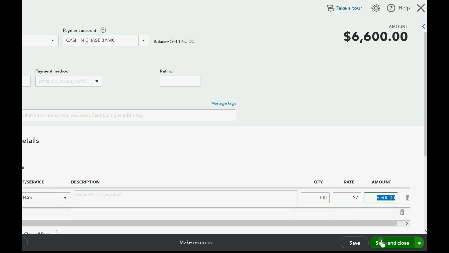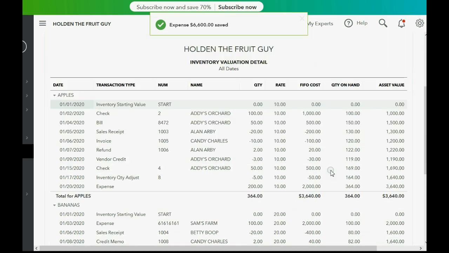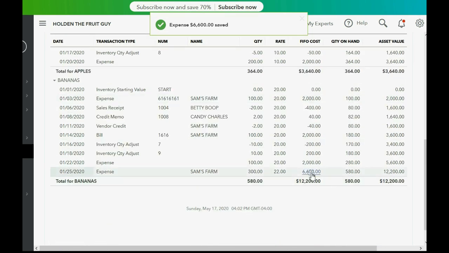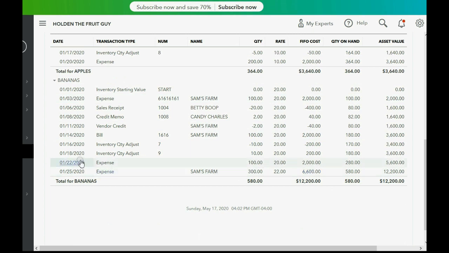Now look what happens when we click Save and Close. At the bottom of the inventory valuation detail, it's not exactly clear. You have to look closely. We had 280 bananas that we paid $20 each. Now we bought an additional 300 bananas that we paid $22 each.